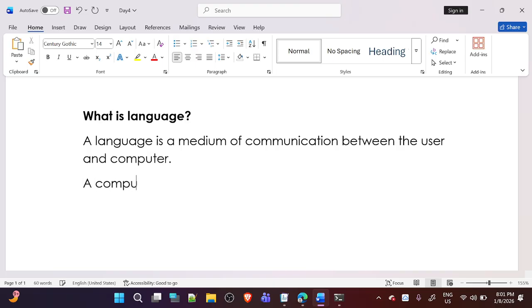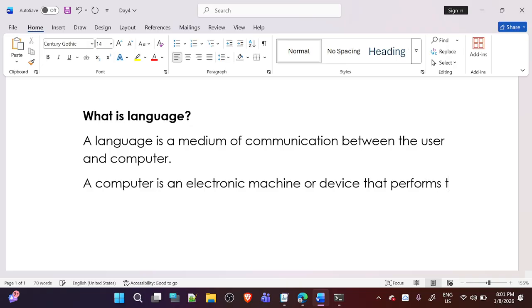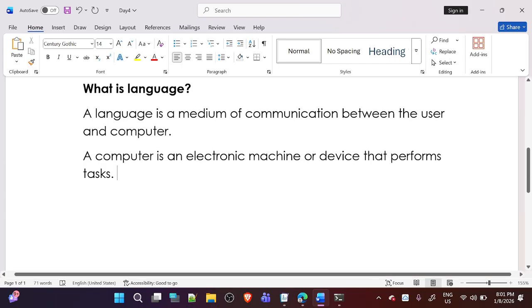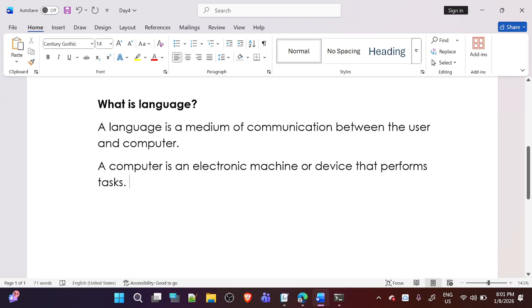A computer is an electronic machine or device that performs tasks.